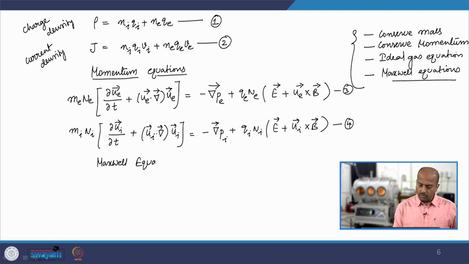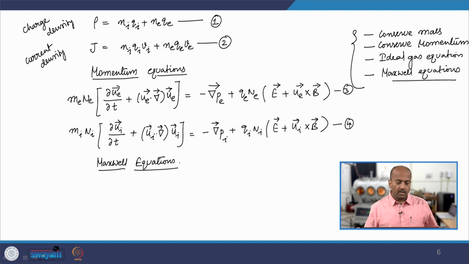Maxwell equations tell you how the charge densities and the fields and the currents are connected with each other.